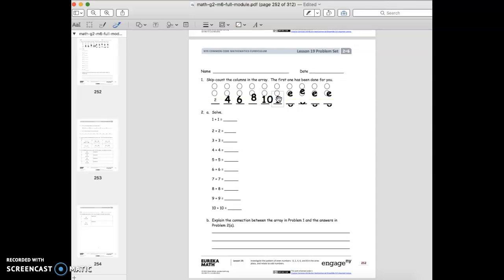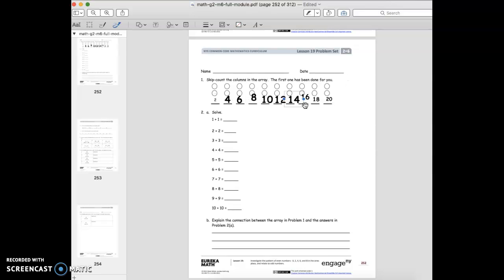Then after 10 comes 12, 14, 16. Let's make this a little smaller. There we go. I'm sorry that it's not perfectly lined up. 18. And then the last one is 20. We land on 20.